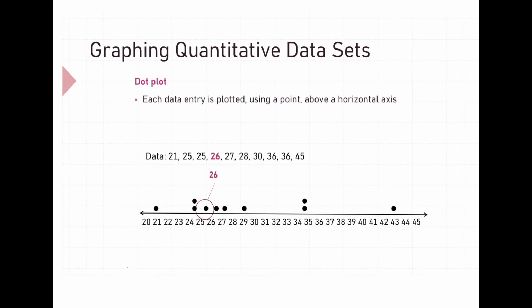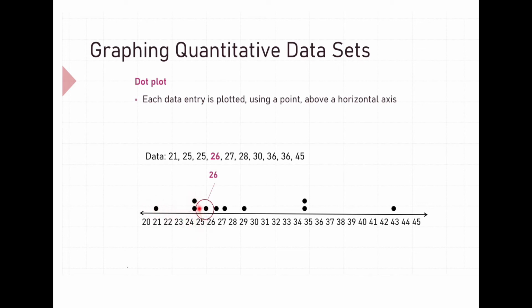Another type of graph that we can do is called a dot plot. And this is different than a scatter plot, which we're actually going to look at as well. But with a dot plot, we just have every data value plotted along a horizontal axis. And if we have anything that's kind of in between, we stack them on top of each other.